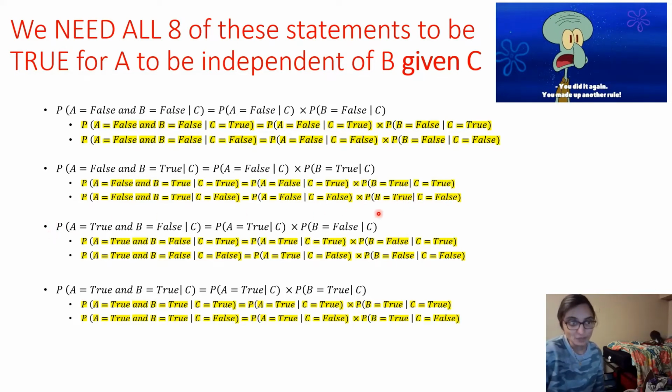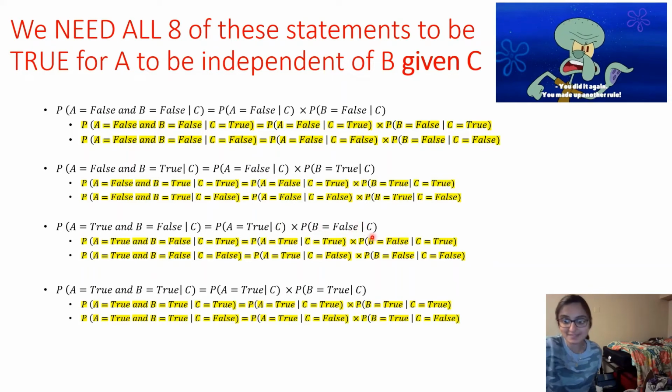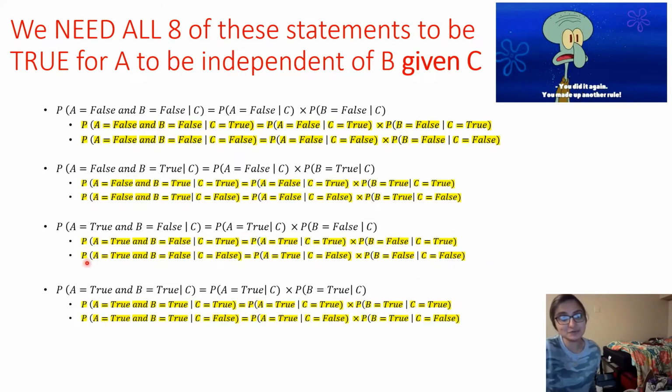Then we're also testing this third statement, which is, probability A is true and B is false given C. Is that equal to the probability that A is true given C multiplied by the probability B is false given C? And C could be true or false. So we need to consider those outcomes of C. C being true, true, true, or C being false, false, and false.